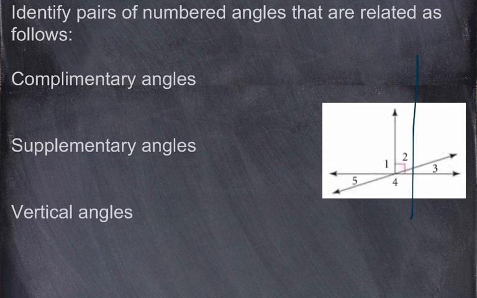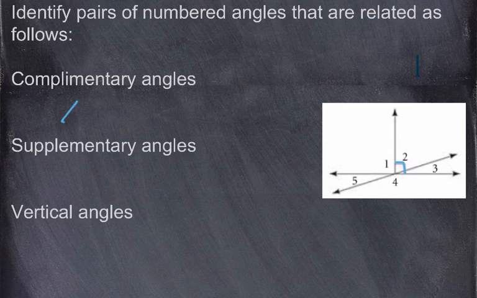So here's our last thing we're going to do. Identify pairs of numbered angles that are related as follows. Complementary angles. Okay, can we find two angles that are complementary? Again, complementary angles add up to 90 degrees, so we look for that 90 degree symbol, that right angle symbol.